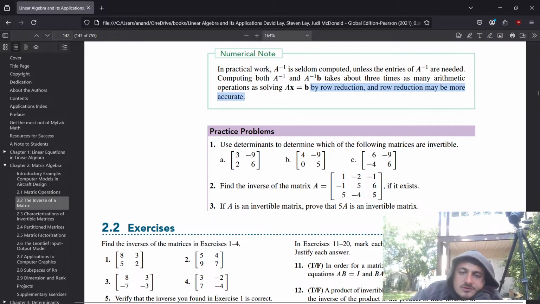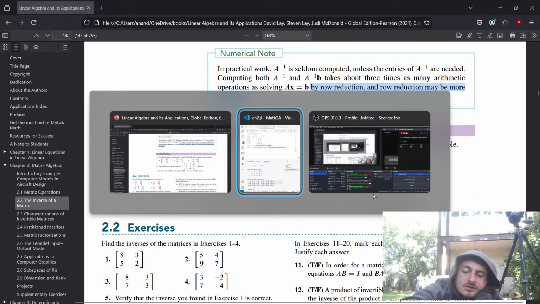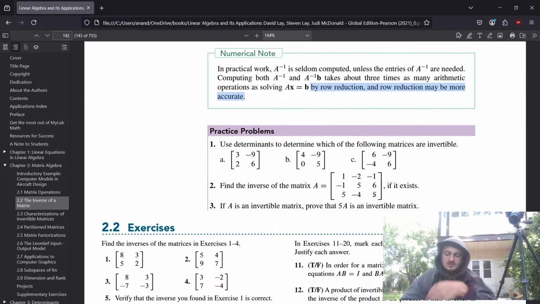It's time to do some practice problems. It's kind of annoying. I won't be able to have both up at the same time, so I guess I'll just write them down first. Okay, so let's do the first one.